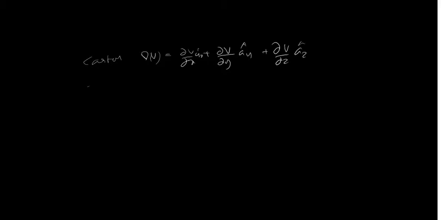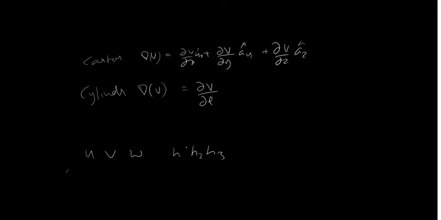Okay. In cylindrical, how will it be? Del of V, gradient of V will be, how much? Dou V by dou rho, 1 by h1. H1 is 1, right? So you have this system u, v, w and h1, h2, h3.